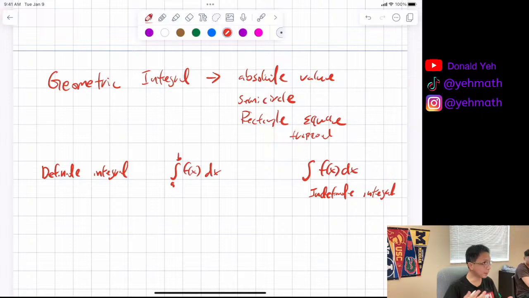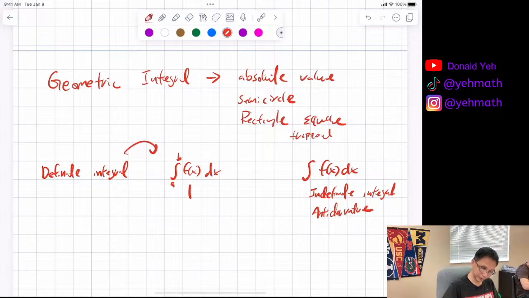They don't have the boundaries, right? You can find particular solution, you can find general solution, you can find all other situations. So used for different purposes. We also call this the anti-derivative. But this is called definite integral. Definite integral is to find the area under the curve.